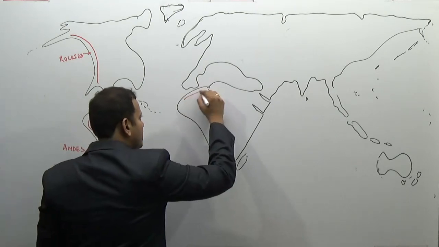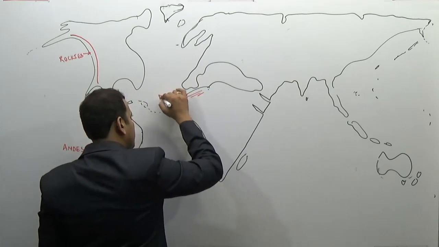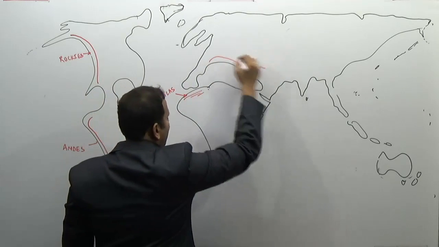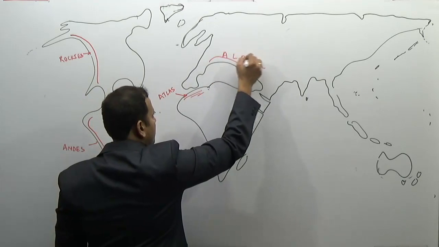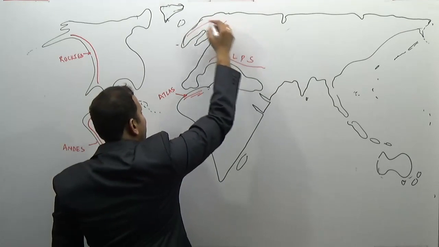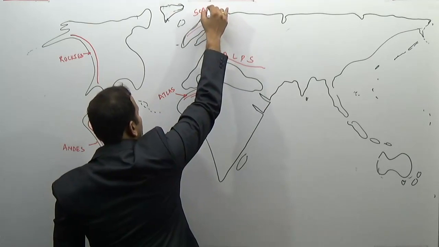The Atlas mountains of Africa. Alps of Europe. Scandinavian mountains of Scandinavia, again a part of Europe.